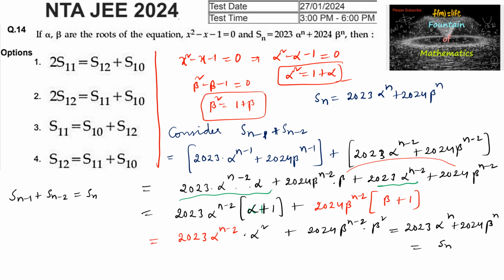And by putting n is equal to 12, we have S12 minus 1 plus S12 minus 2 is equal to S12, that is S11 plus S10 is equal to S12. So we can go with the option S11 plus S10 is equal to S12, which is option D.